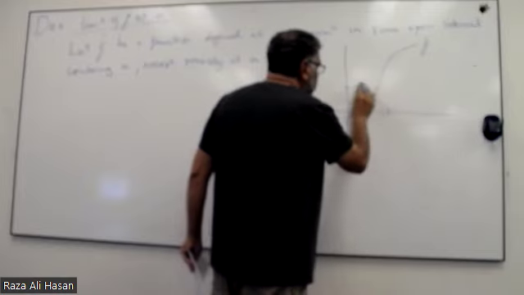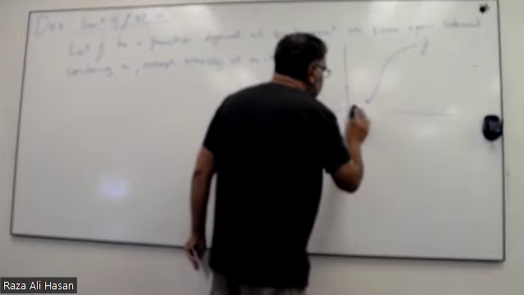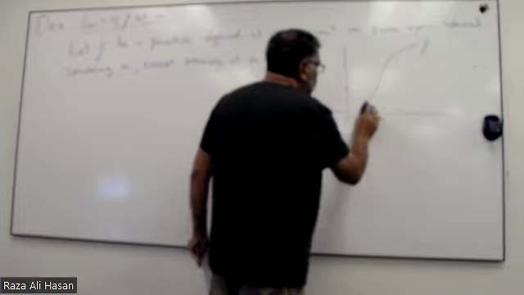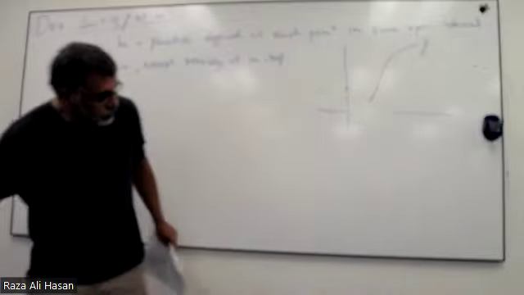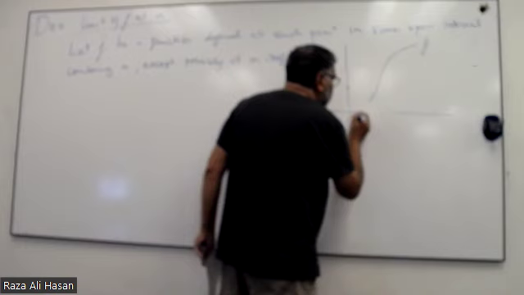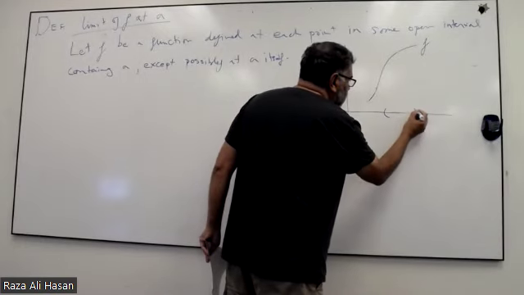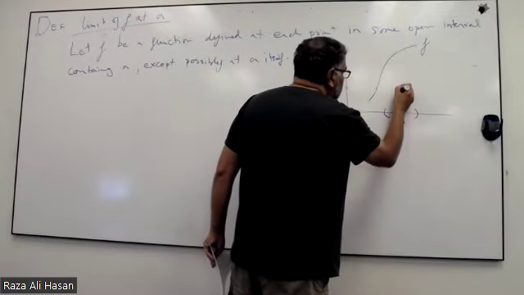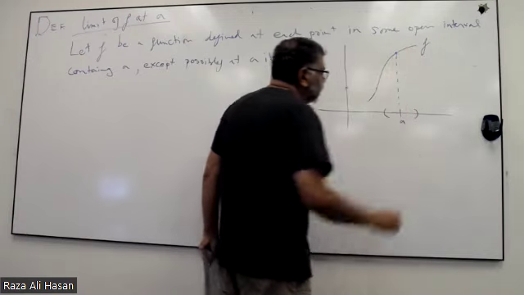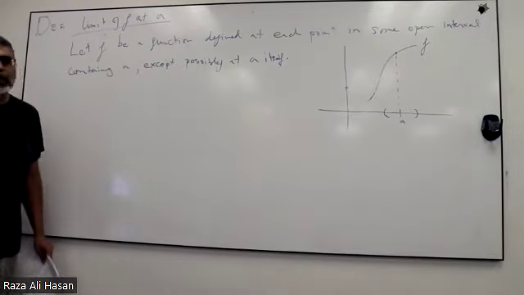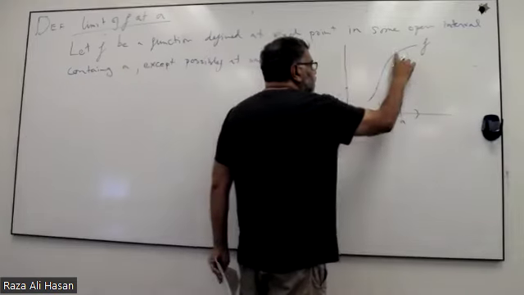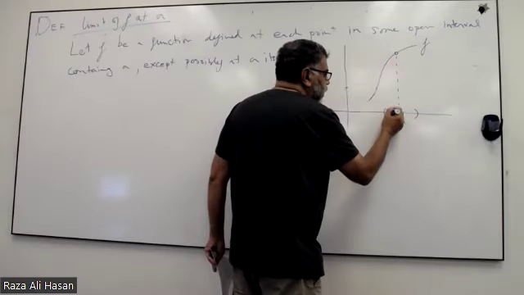Let's try again. The definition wants us to put the interval around a. What about this one? Here's our a. Does this work? It's not necessarily true that the function is defined at a.